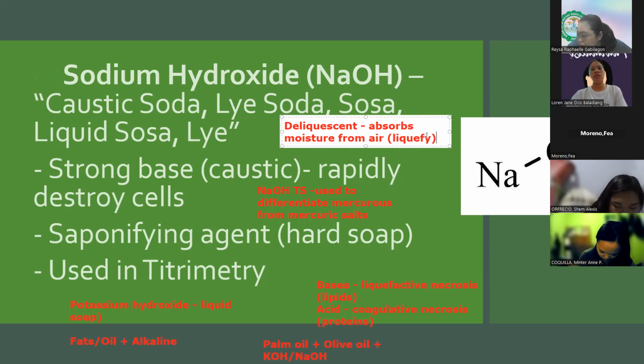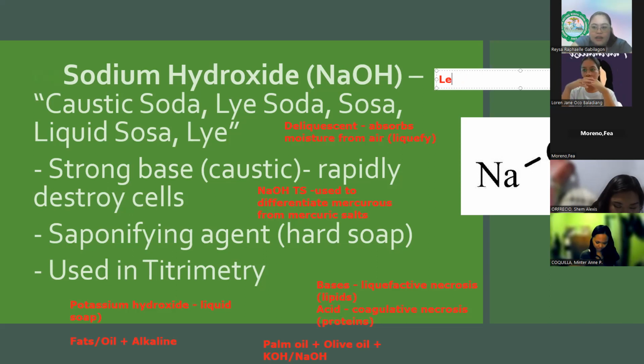Now another thing, hindi mo pwedeng ilagay si sodium hydroxide sa glass na container. Okay? Kasi it is capable of leaching. Pag sinabing leaching, it will attack the glass, and then yung components ng glass mapupunta sa solution mo, sa sodium hydroxide.